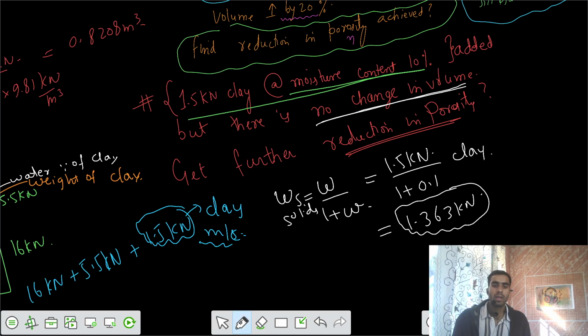For that, what is the specific gravity of those clay solids, G for the clay solids? That is given to you as 2.55.